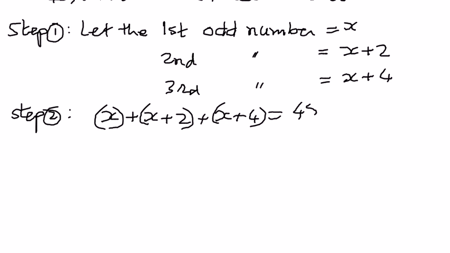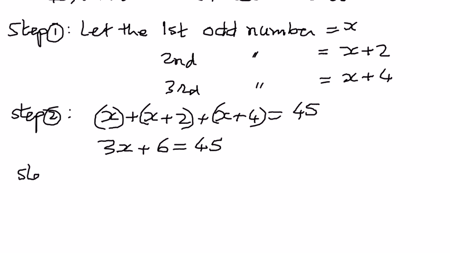That is what is given to us. We can combine the similar terms: x plus x plus x is 3x, and 2 plus 4 is 6. 3x plus 6 is equal to 45. So we brought it down into a linear equation format. Therefore, we can simplify this.